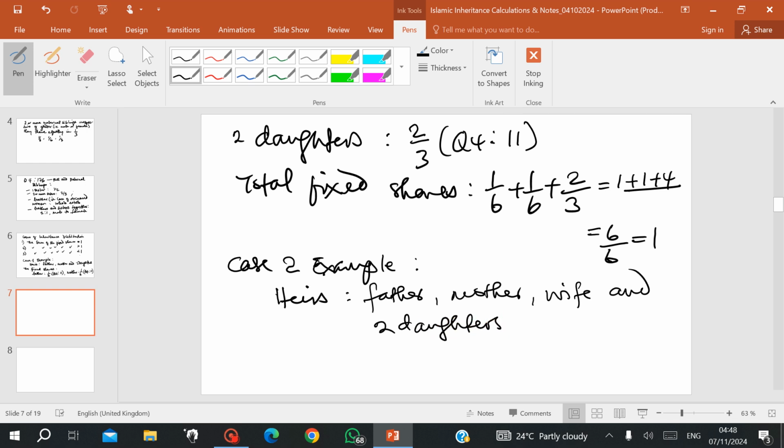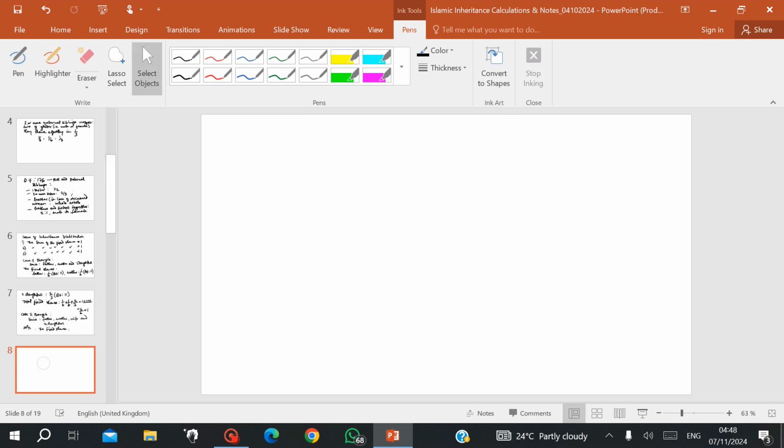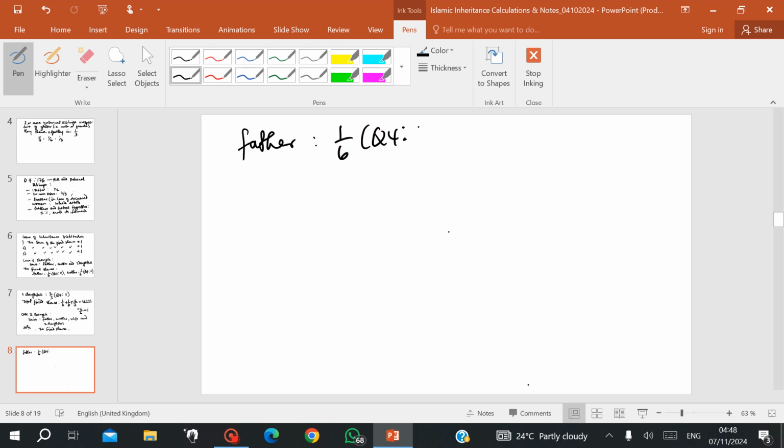So we assign the fixed shares again. This is the solution. The fixed shares: the father is entitled to 1/6 here still, Quran chapter 4 verse 11.